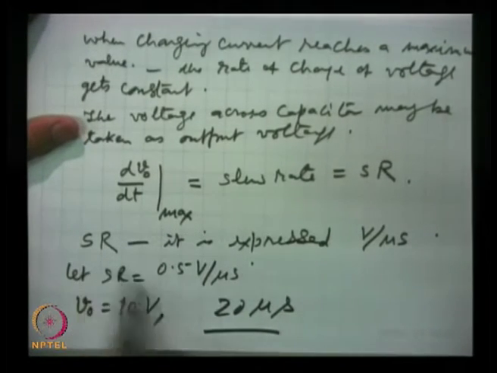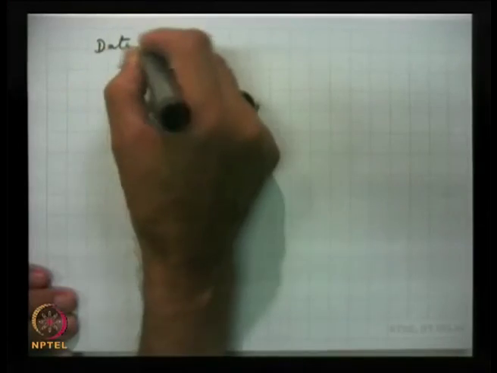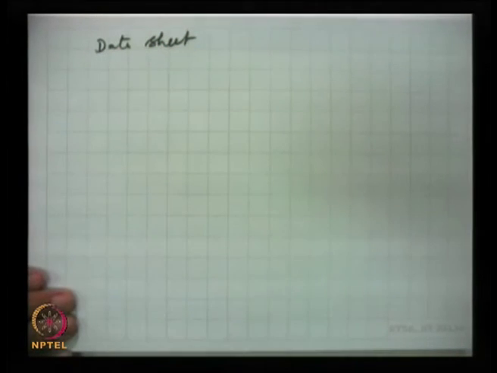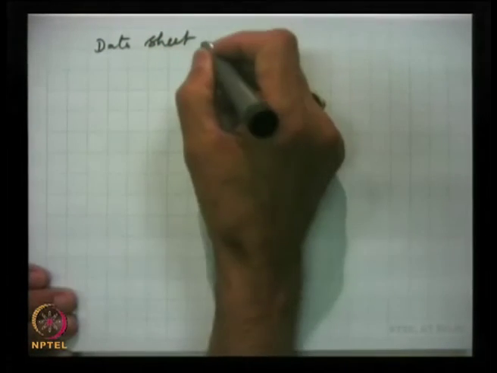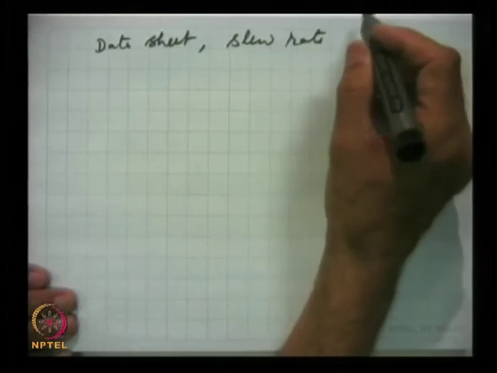It cannot be faster than this. And again, there are op amps with different slew rates. Some applications will require very fast slew rates, and those op amps are manufactured differently. Now, manufacturers define in the data sheet of the op amp the slew rate for unity gain.